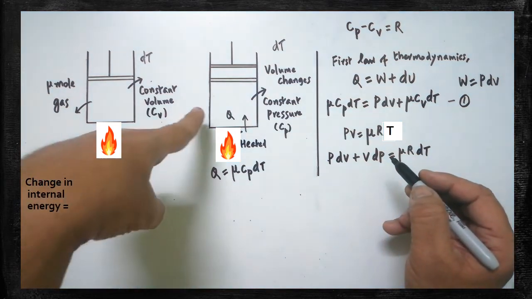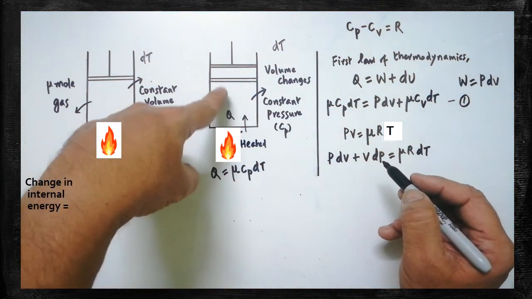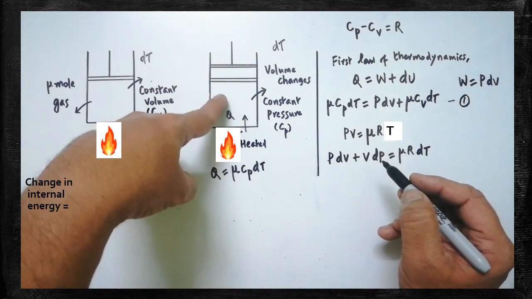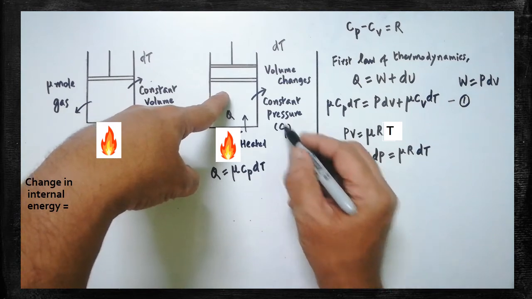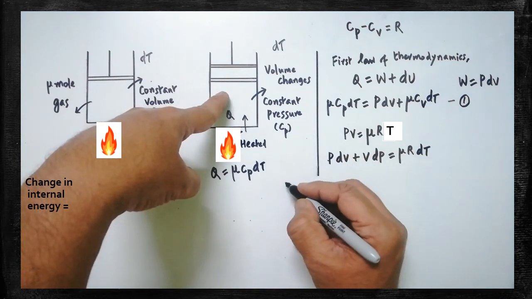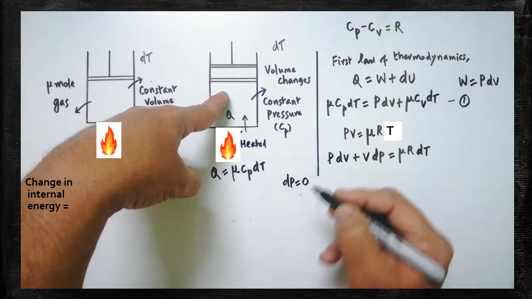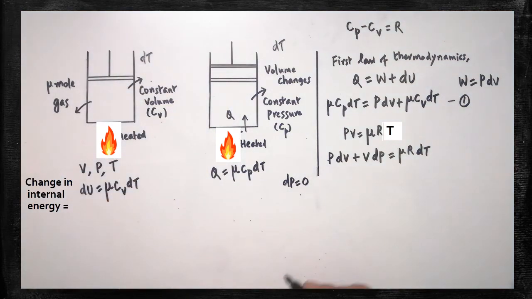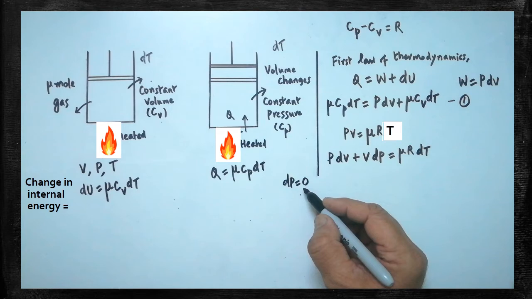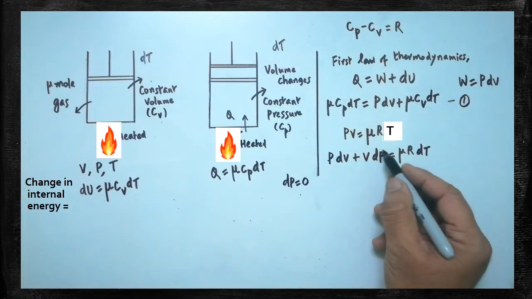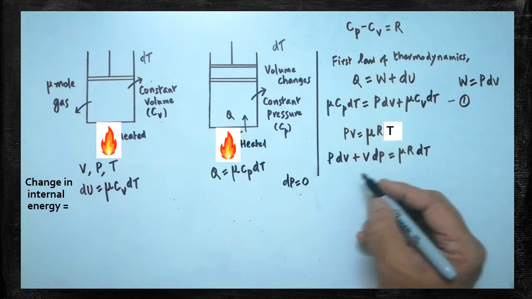Now in this particular step, what happens? Here the pressure is kept constant. Since the pressure is kept constant, we can say that the change in pressure is equal to 0. Here in this step, dP can be substituted as 0.